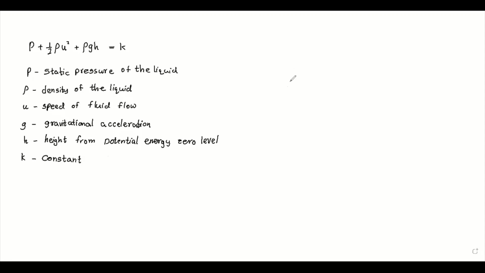So how do we identify the terms? Right. P is static pressure. We have identified the term. And half rho u squared. This is known as kinetic energy per unit volume.